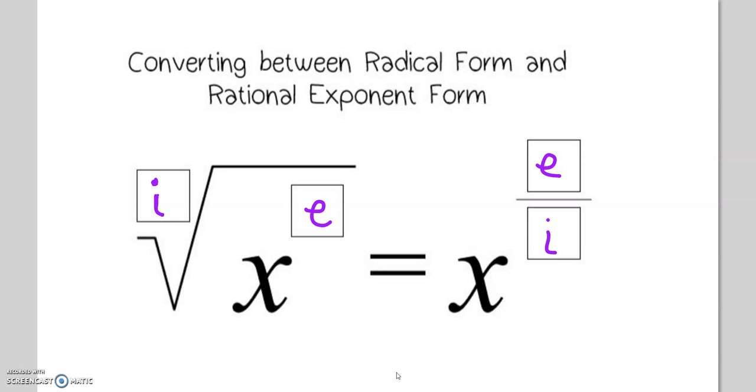So the exponent goes on top and the index goes on bottom, just like we saw in 4 to the 1/2. So the square root of 4, remember anything we don't have an index for is automatically a square root, so it's automatically 2. And this is an invisible exponent of 1. So we did 4 and then the exponent over the index, so 4 to the 1/2.